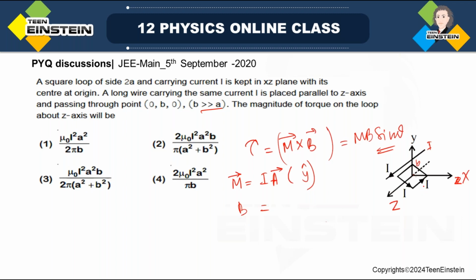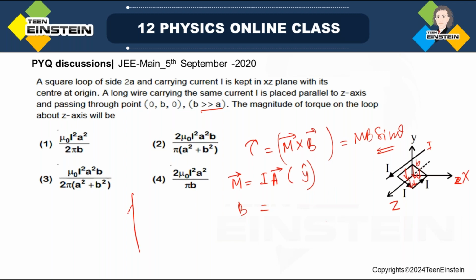So the magnetic field passing through, or providing force to, this loop is the B I have to find out.